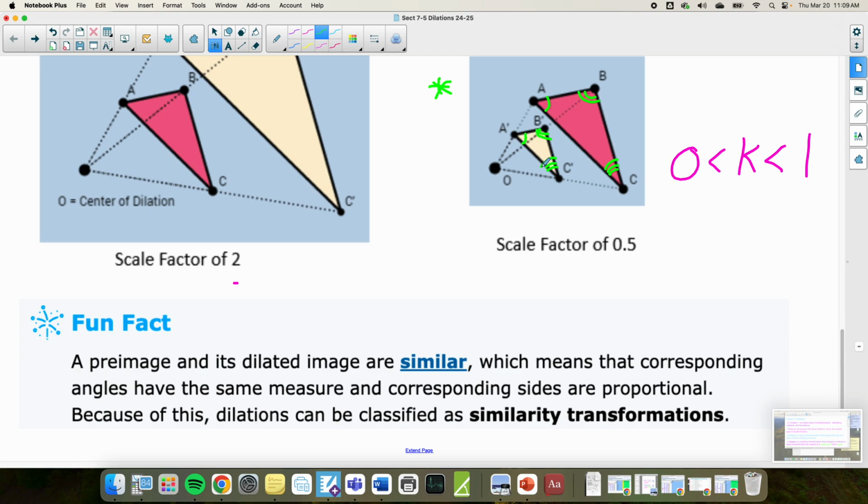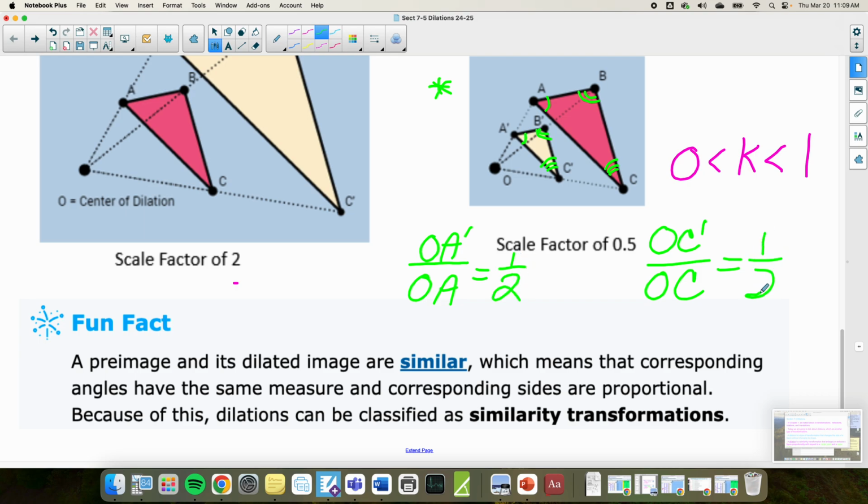But then also, if you checked from your center to A prime, and then did the measurement from your center to A, and you did that as a scale factor, and then you checked, okay, this time I want to go O to my C prime over my O to my C, this ratio and this ratio would be the same, which in this case they're saying it's 1/2.